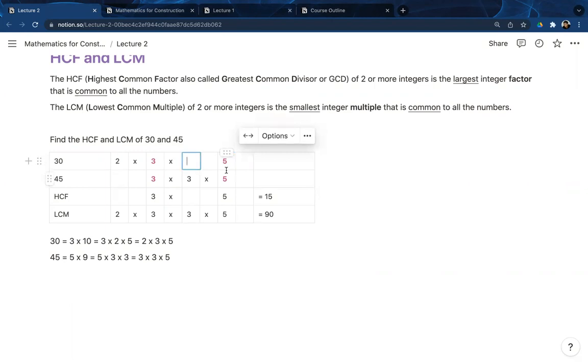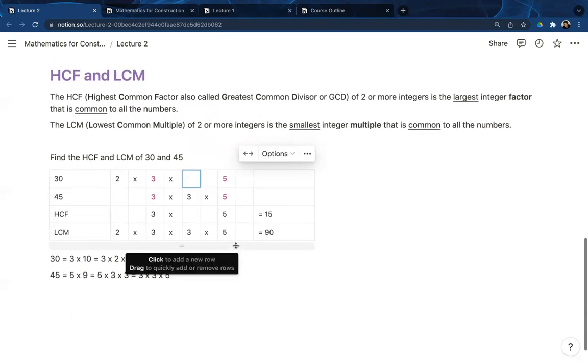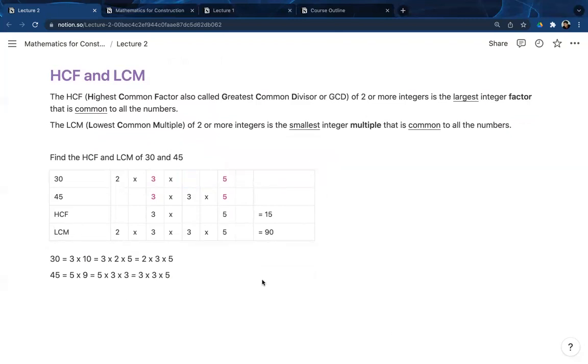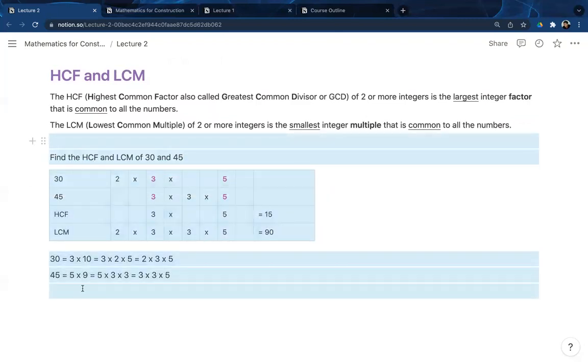You try to use the factors as much as possible. You don't want to overuse them, otherwise the number will be bigger or smaller than the case may be. Okay, so this is a general idea to find HCF and LCM. If we give you one to do now, the same way.